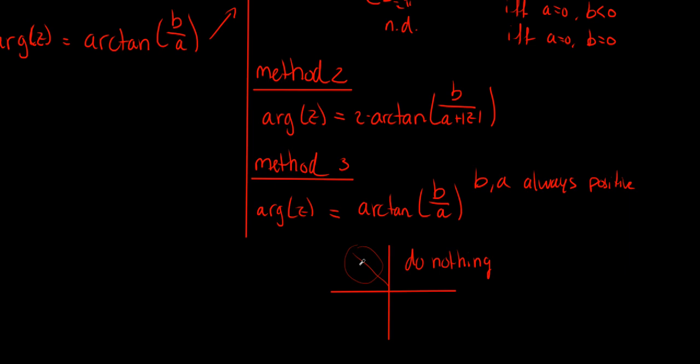So in that case, you do pi minus your answer. If you are here with b and a both negative, it just means that the angle we have calculated is the same as our answer plus pi, because we can just continue going over here.